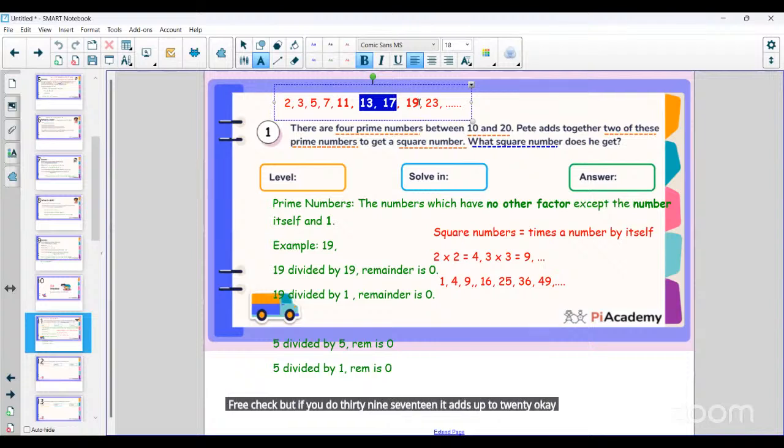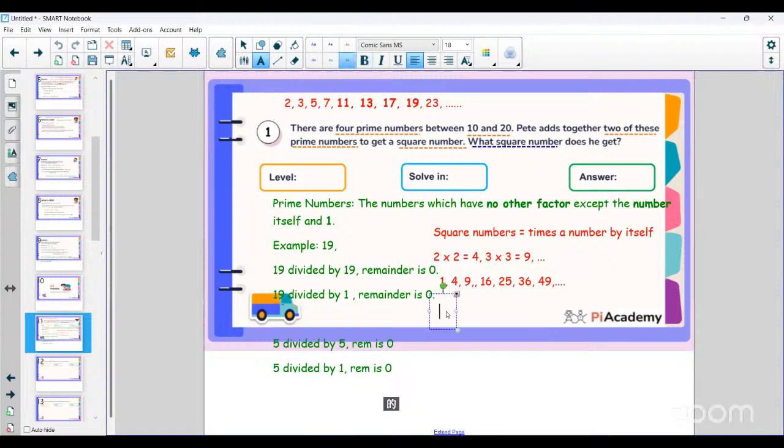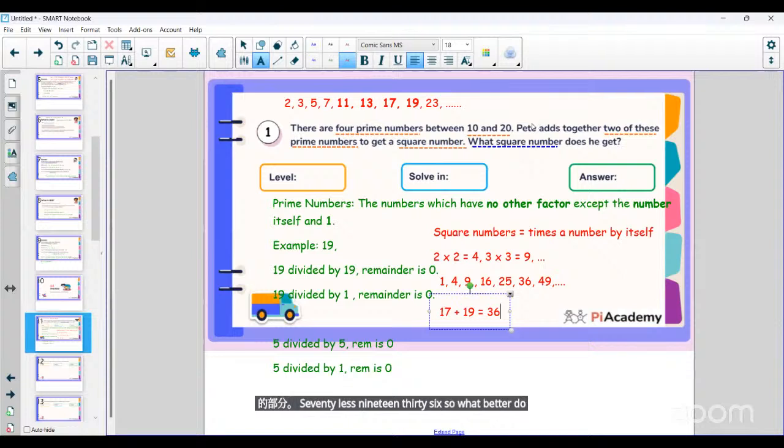But check this, 19 and 17 add up to 36, isn't it? 17 plus 19 is 36. So what were the 2 prime numbers Pete added? 17 and 19. And what square number does he get? 36. So the answer is 36.